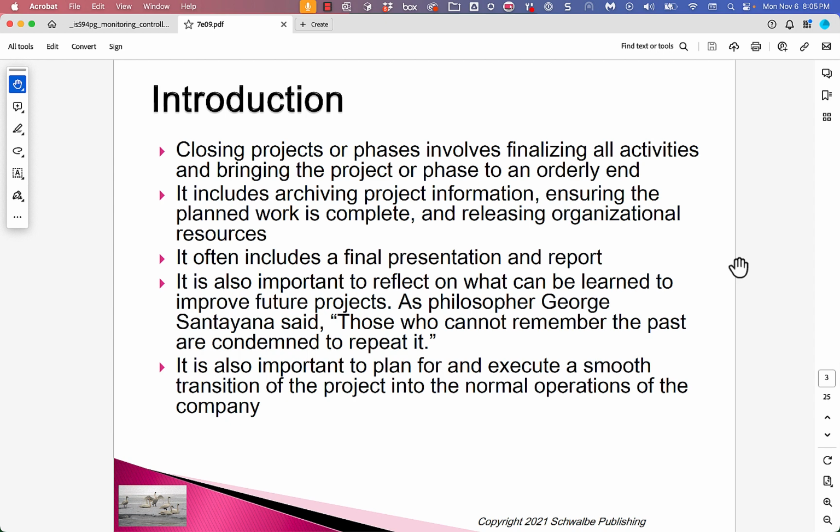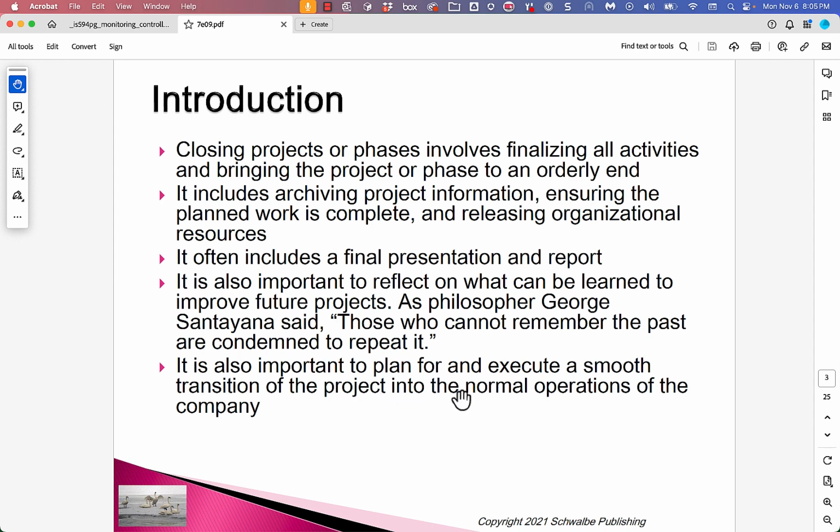It includes archiving project information, ensuring the planned work is complete, and releasing organizational resources. It often includes a final presentation and a report. It's also important to reflect on what can be learned to improve future projects.